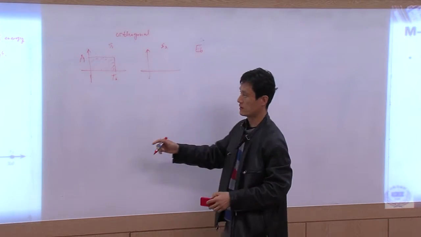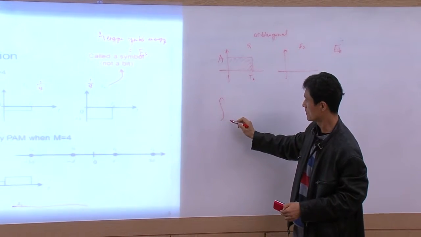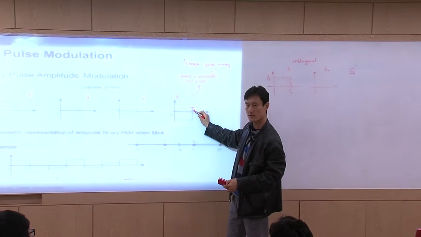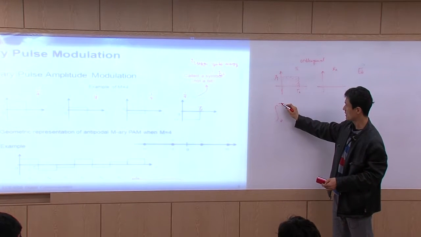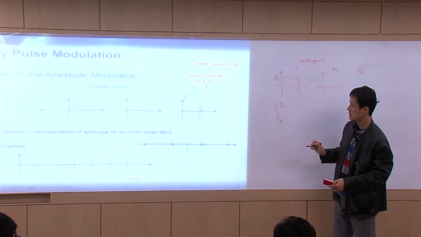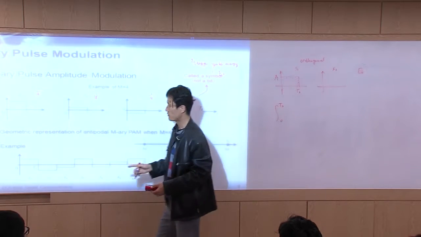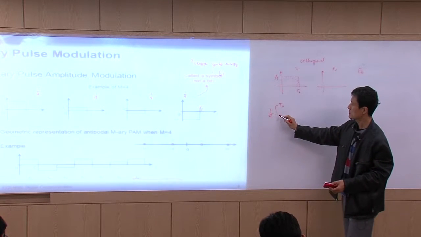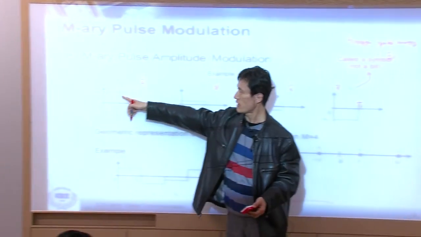Exactly the same way. In this case, you can see the time is Ts, so you're integrating from 0 to Ts. I'm talking about the first symbol: the probability is 1 over 4 times the integral from 0 to Ts, and the amplitude of this is 3A.